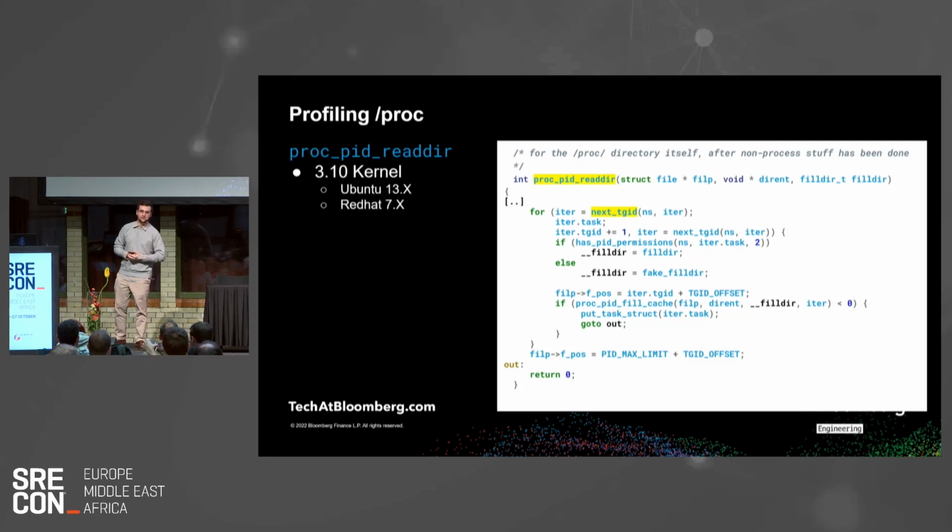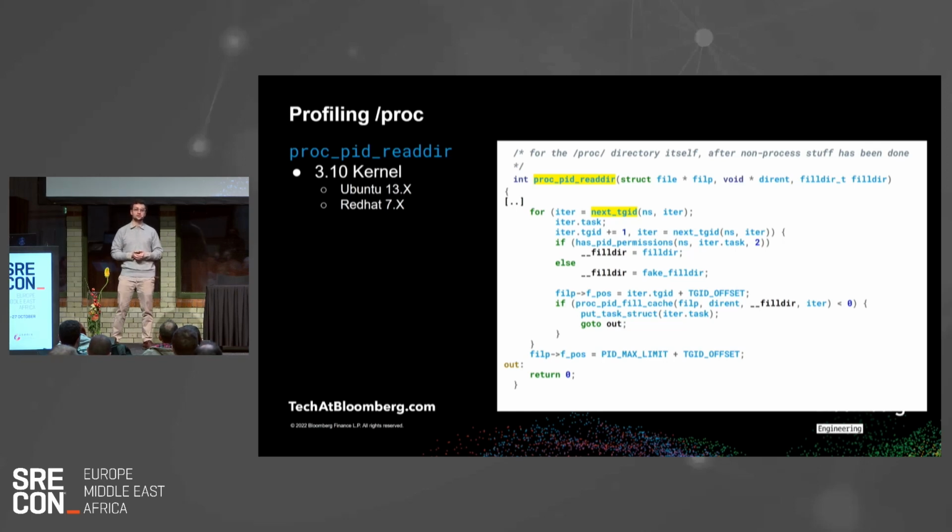OK, so we know that our problem is with /proc. We know that's related to threads. So what's really going on? If we're just reading a directory, it seems to suggest that there's a problem somewhere in the kernel. And when you dig into the kernel, you find this proc PID readdir function that actually does the work of generating those process directories for you. And for the purposes of this talk, we'll be working with a 3.10 kernel.